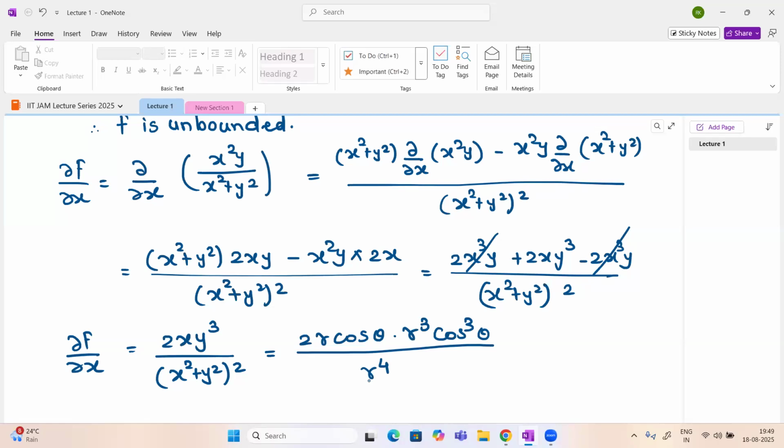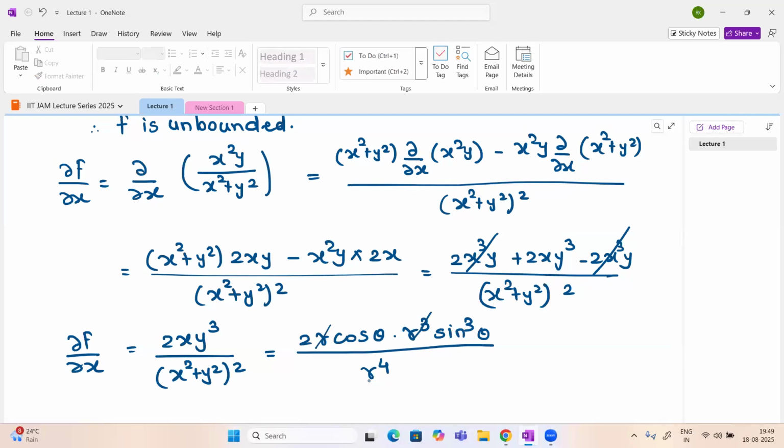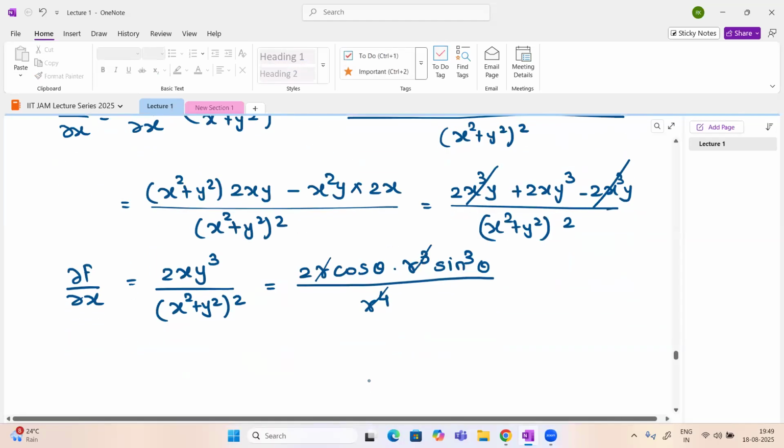X square plus y square is r square, and square of r square is r raised to 4. Here it should be sin cube theta, my mistake. So this r and r cube with r raised to 4 will get cancelled. So what is remaining? 2 cos theta sin cube theta.